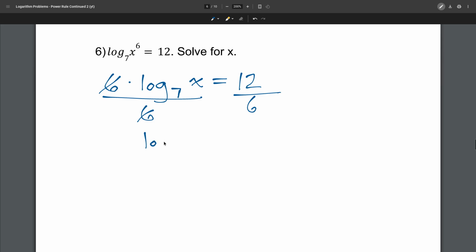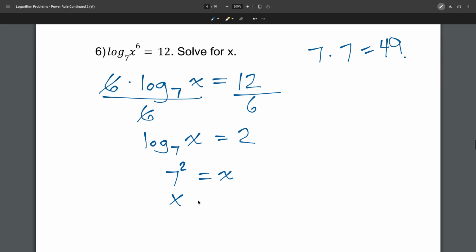We get log base 7 of x equals 2. Writing this in exponential form, we'll say 7 to the second power equals x. 7 to the second power is 7 times 7, which equals 49. So x will equal 49.